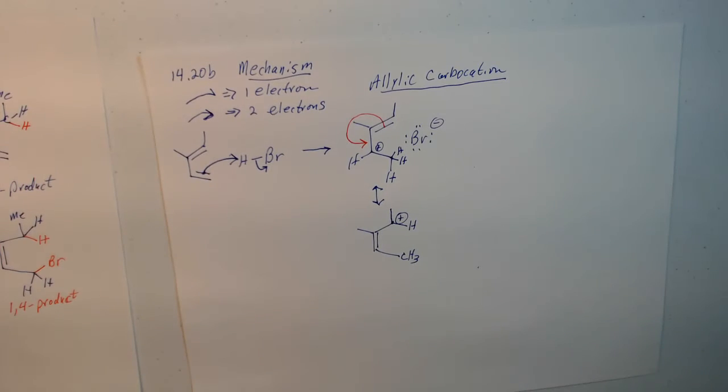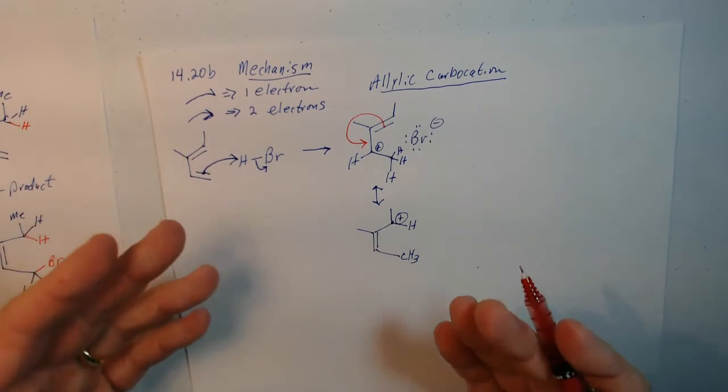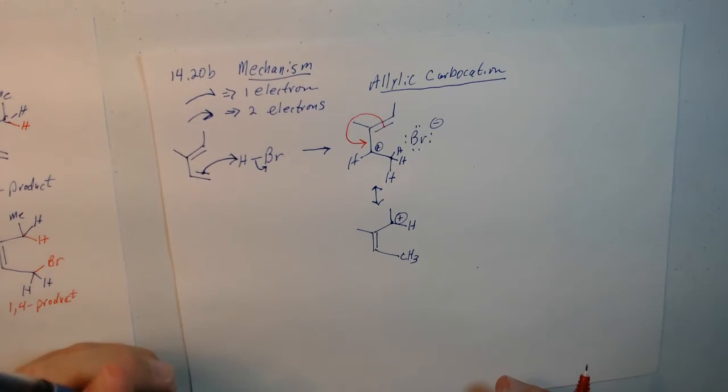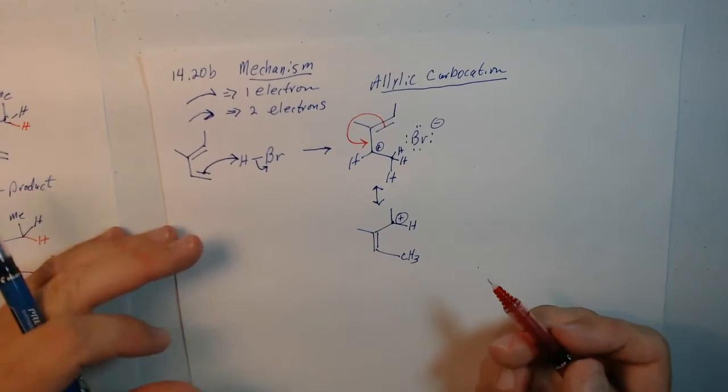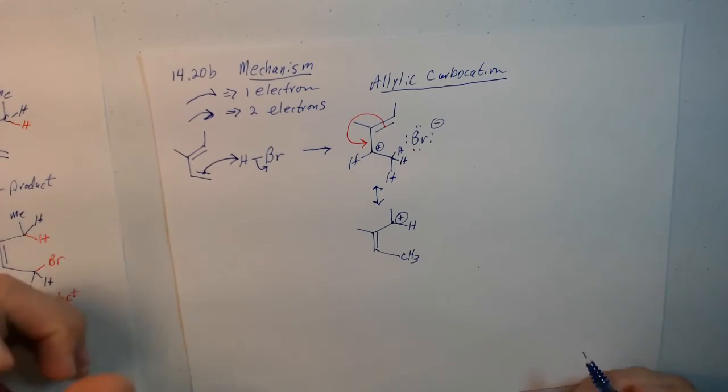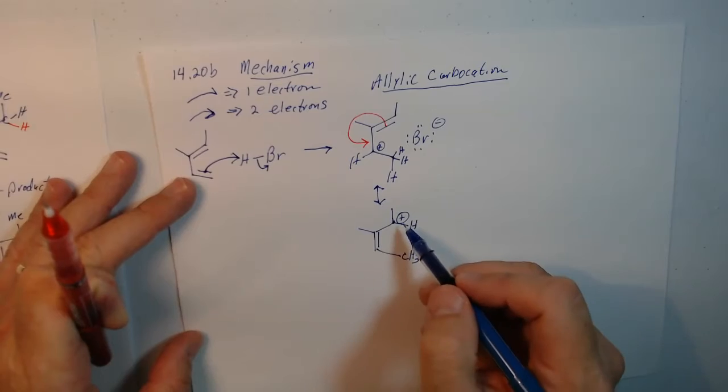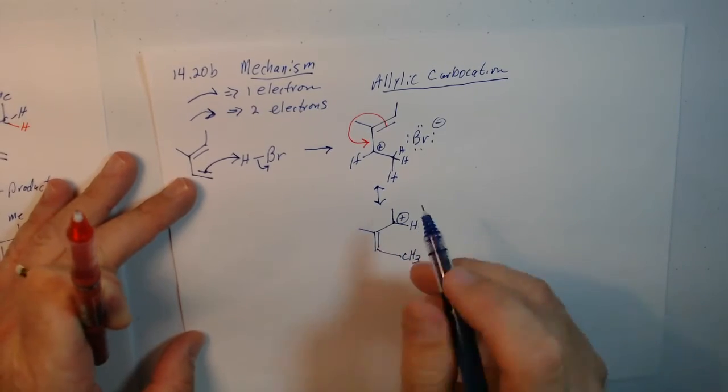This then gives us a different carbocation. Remember, it's a resonance form. It's not really different. The resonance forms are different ways that we represent the molecule. So now, the bromide can attack either end of this allylic carbocation.